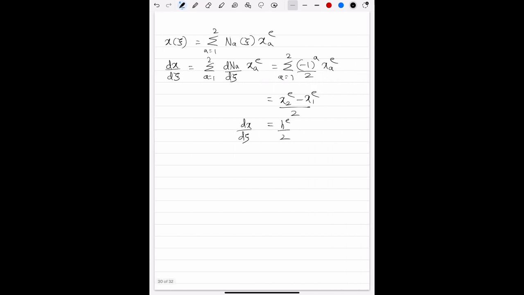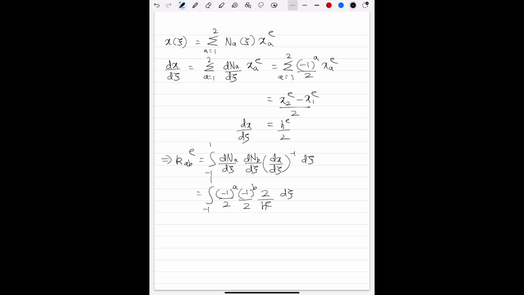What we can show is that K_AB for element e, which we knew was the integral from -1 to 1 of dN_A/dpsi dN_B/dpsi (dx/dpsi)^-1 dpsi, can be written as the integral from -1 to 1 of (-1)^A/2 times (-1)^B/2 times 2/h^e dpsi.